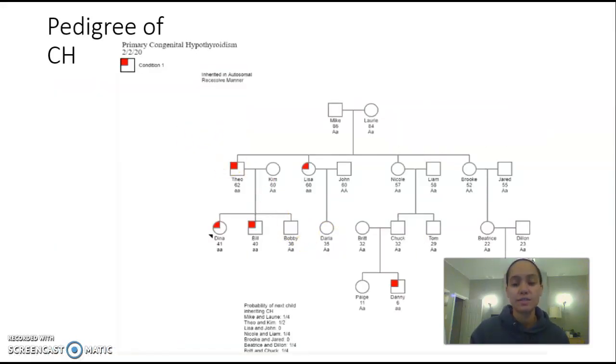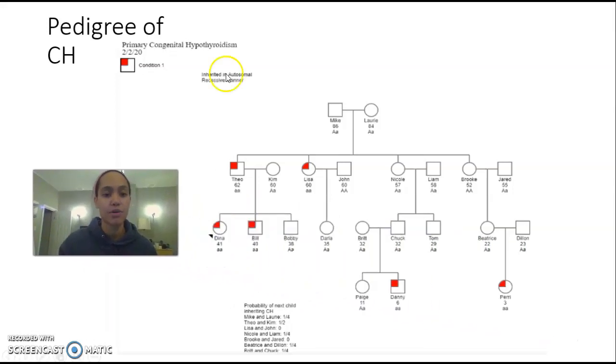So here is the pedigree for congenital hypothyroidism. So we can see that it is an autosomal recessive disorder. So these parents are both carriers. That's represented by the heterozygous genotypes that they both have.